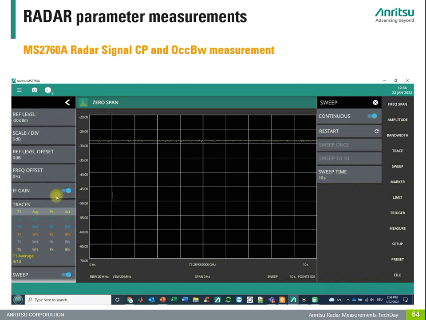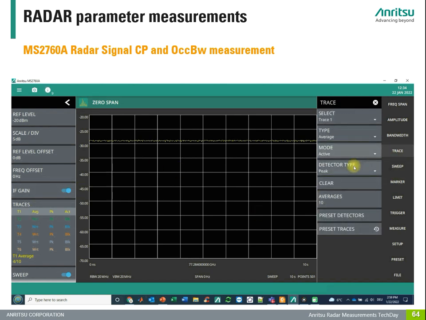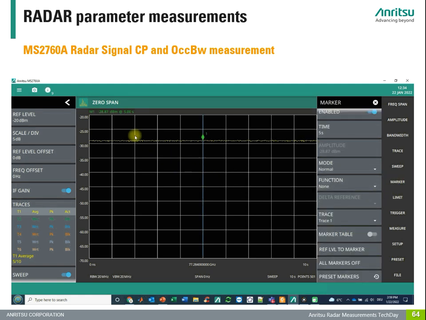Let's really check that we have selected the peak detector. And now let's switch on the marker. We can read out here an average power of, let me say, minus 29 dBm.